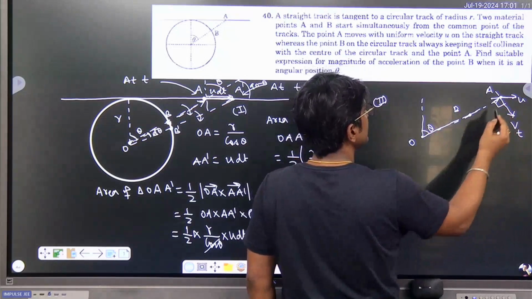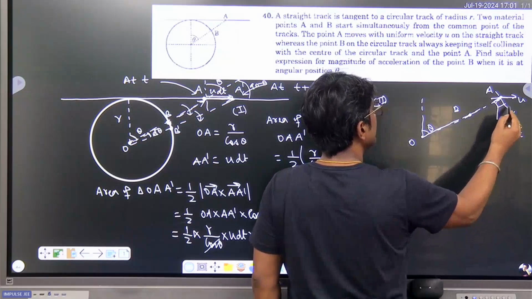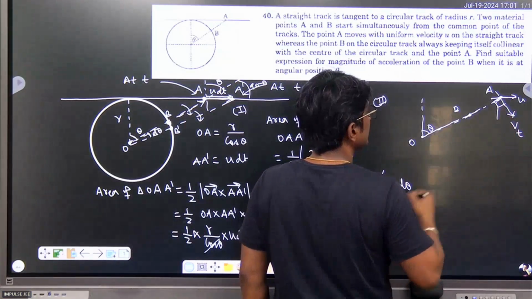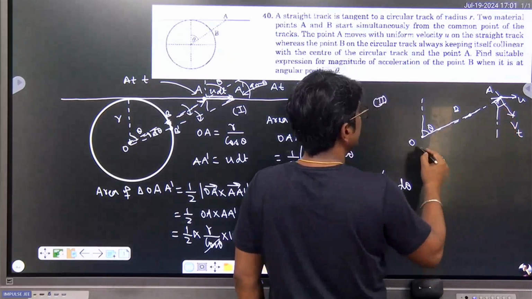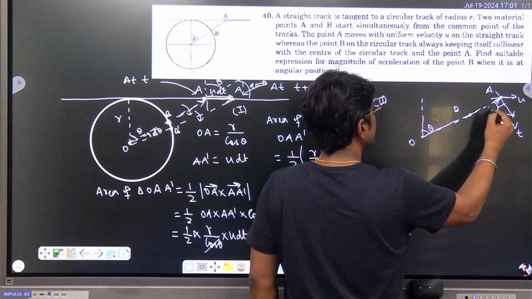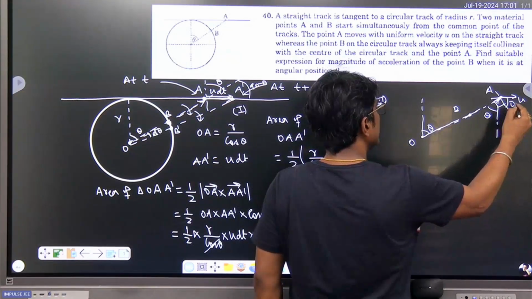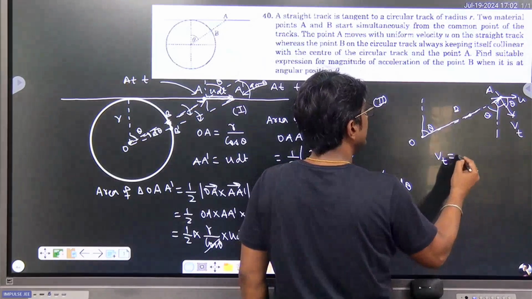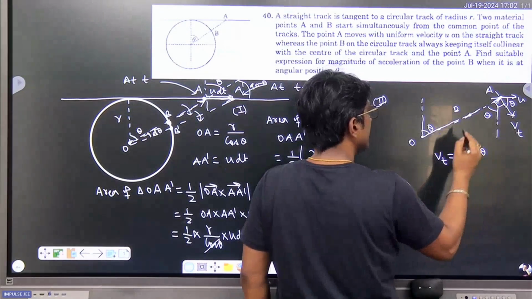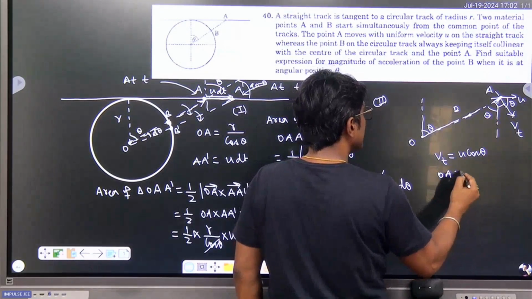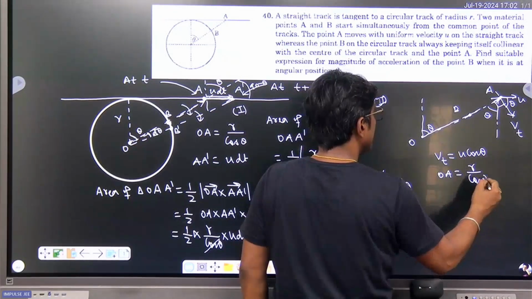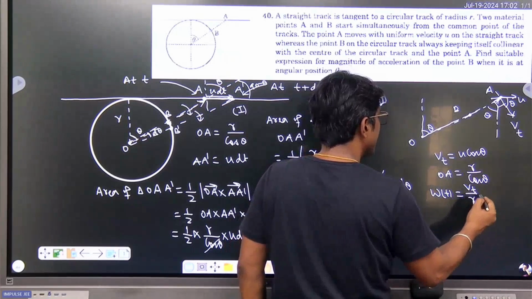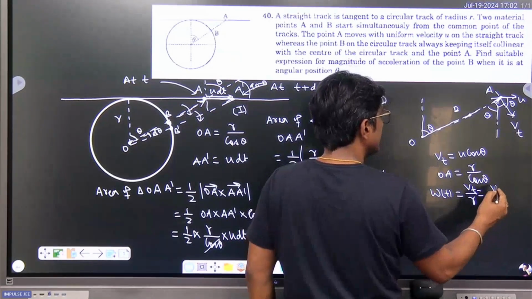If this angle is theta, this angle will also be theta, right? So here Vt we can write is u cos theta. And this OA we have already calculated as r by cos theta, and we know that omega is Vt by r.